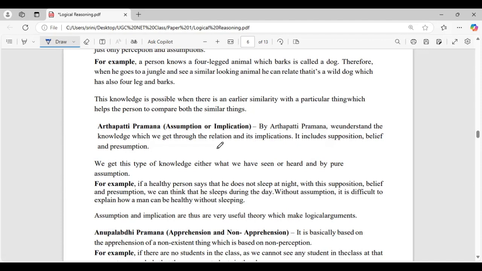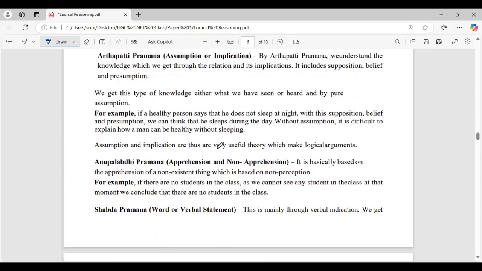Assumption and implication are thus a very useful theory which make logical arguments. Anupalabdhi is the apprehension of a non-existent thing, which is based on non-perception.